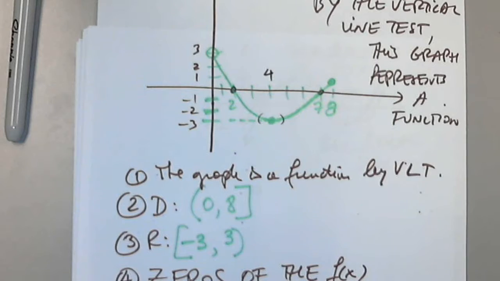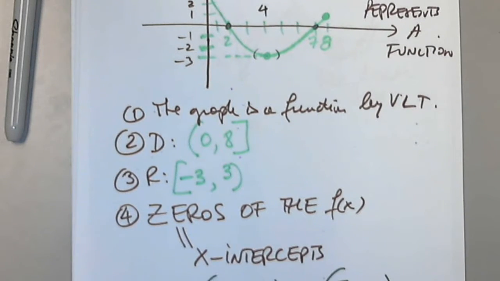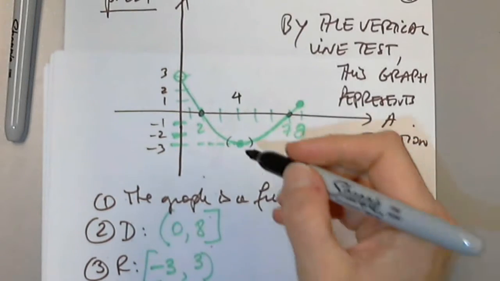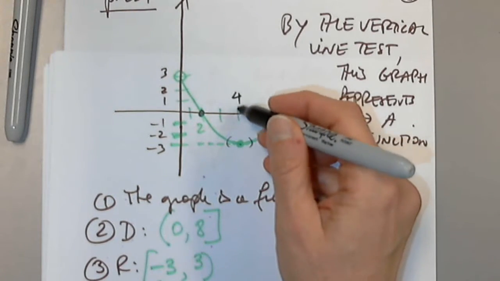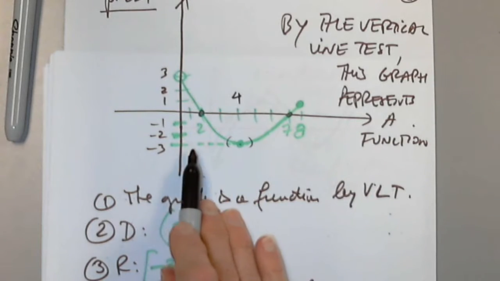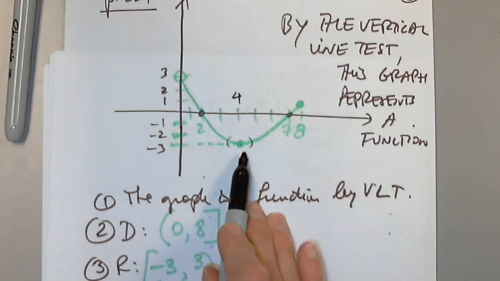Which one is the actual min from these two? Of course, it's the y value. Where is that found? For what x value? Exactly. So the minimum is attained at 4, but the actual value of the minimum is -3.